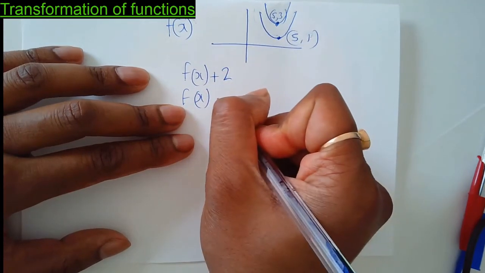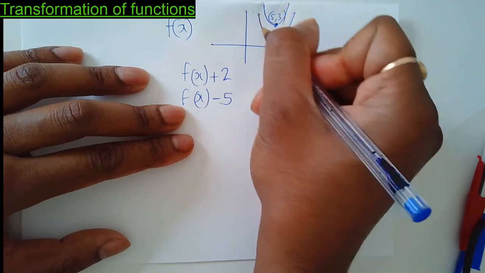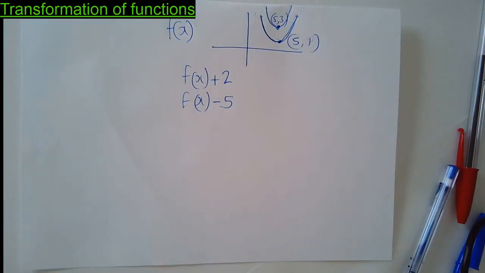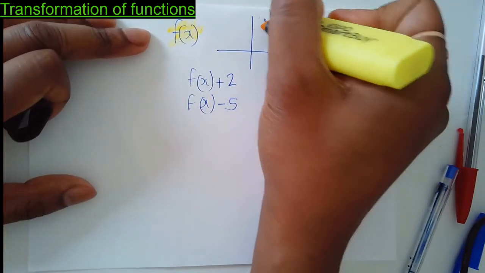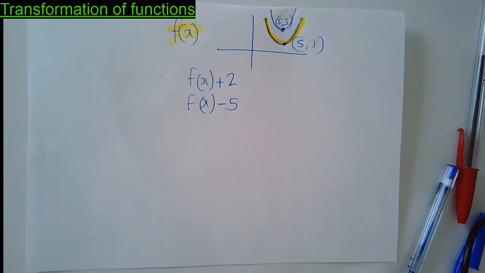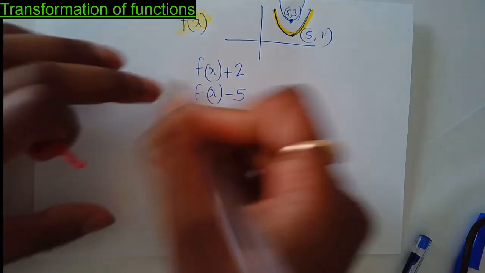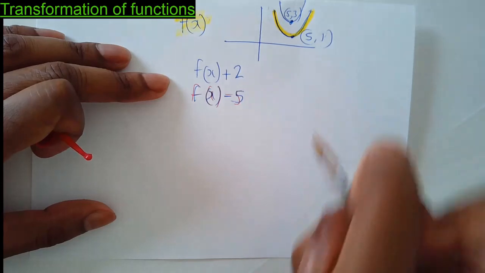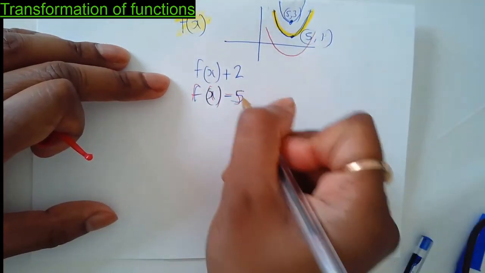Let's try another one. Let's try applying minus 5. That original graph there, let me just highlight this, so we can see which one's the original one. That's the f of x. Now if I want to apply f of x minus 5, that one here, obviously that goes down, it shifts down 5 squares.